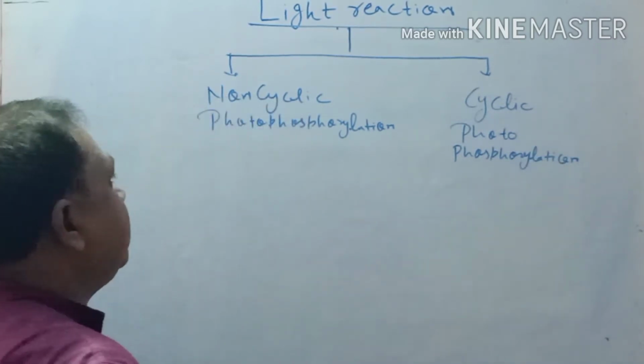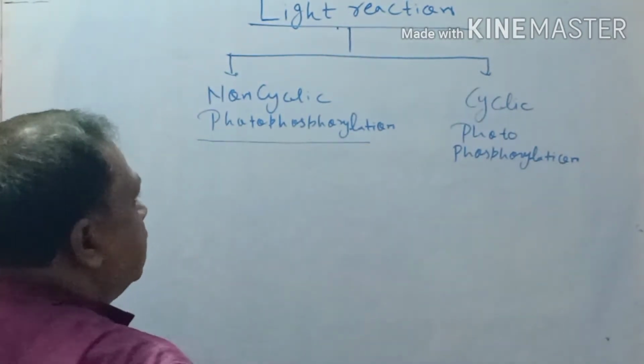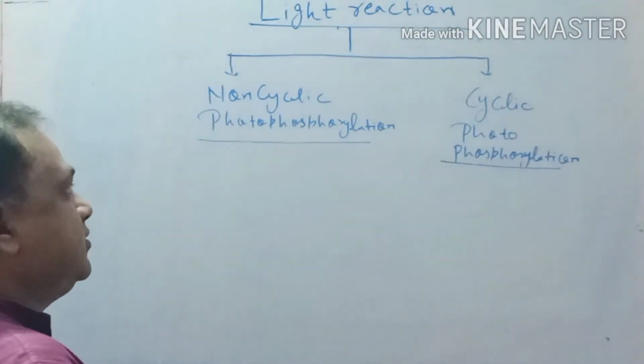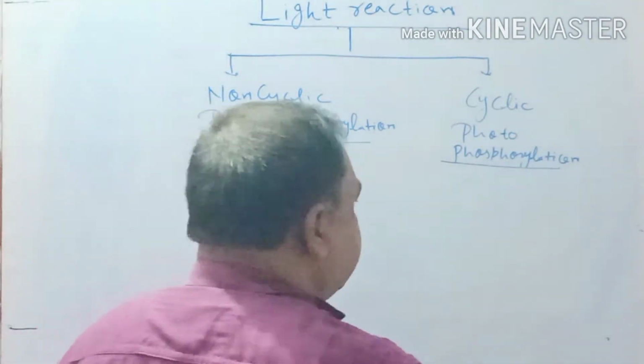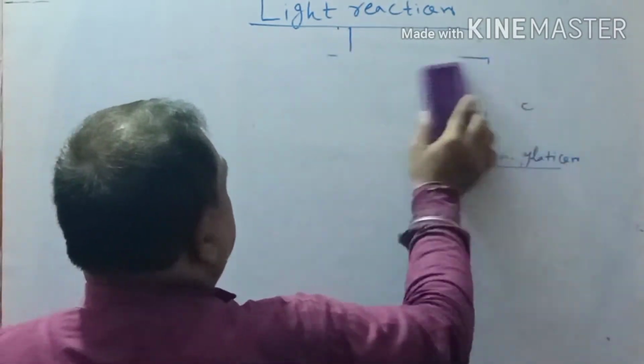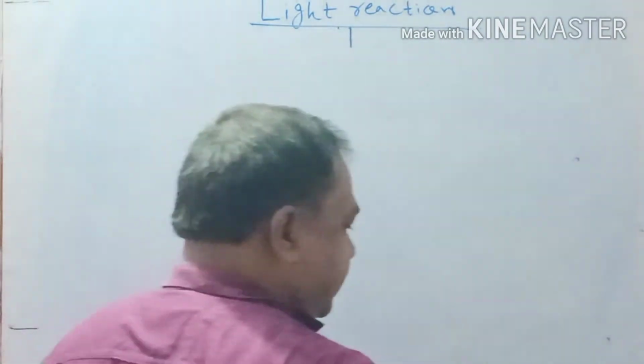There are two parts of light reaction. So first of all we have to discuss non-cyclic photophosphorylation.